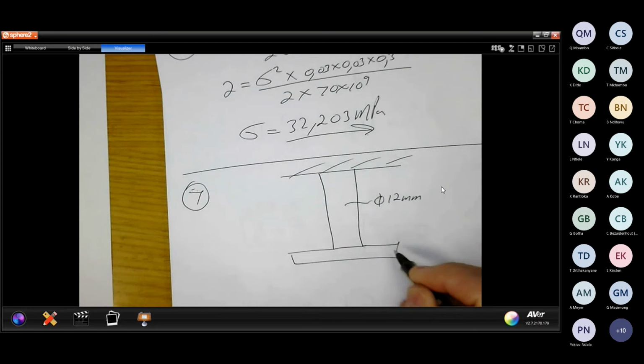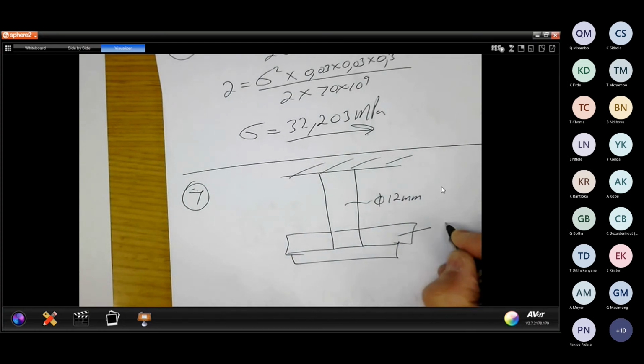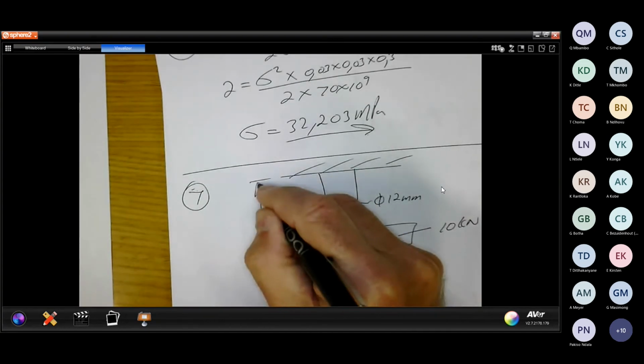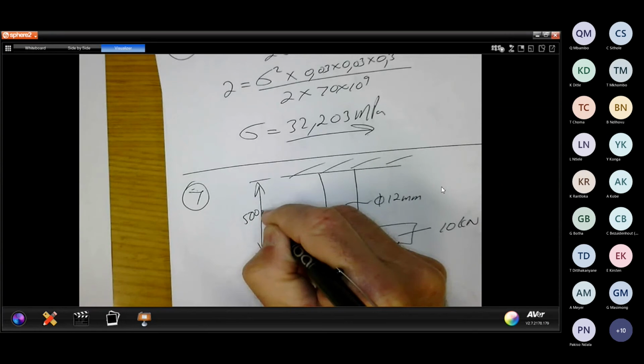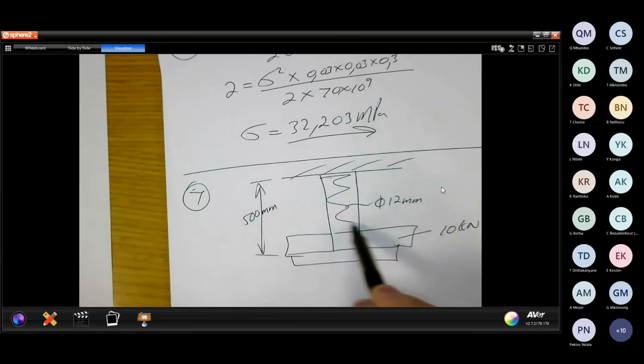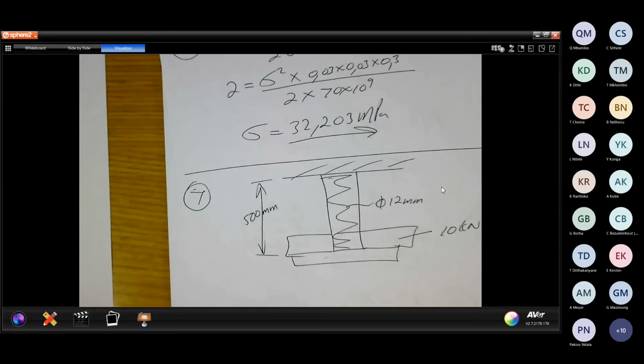Also say there is a weight here of 10 kilonewtons, and it also indicates that the total length is 500 millimeters. People, remember, when I talk about the length, it's the length of this rod. The collar is not included. The collar is only there so the weight cannot fall right through.